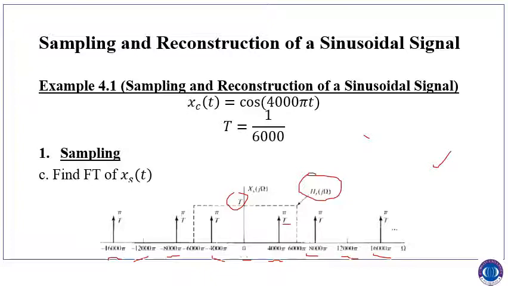The sampling frequency is 12,000π, so the cutoff will be 6,000π and minus 6,000π. If we apply the filter, we are left with these two impulses, which are the original Xc(jω), because T gets cancelled with 1/T. So we have accurate recovery.